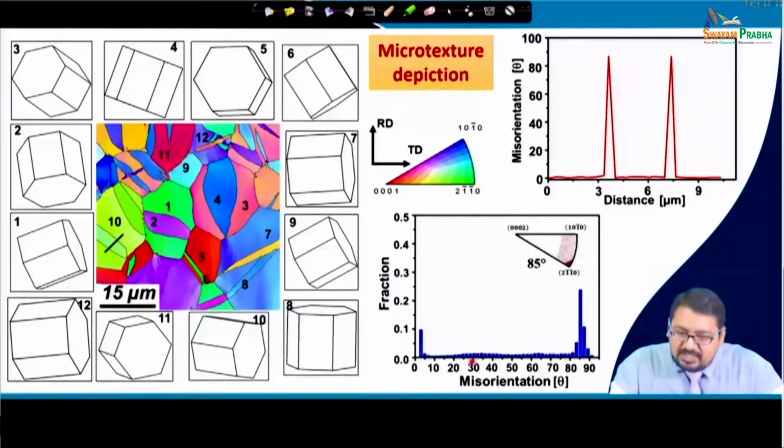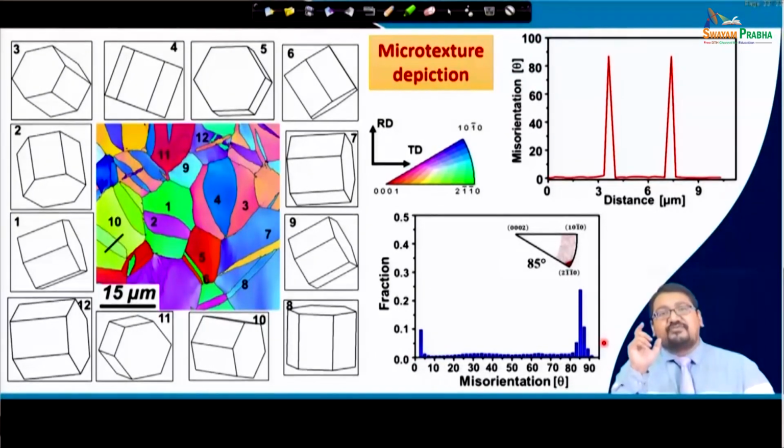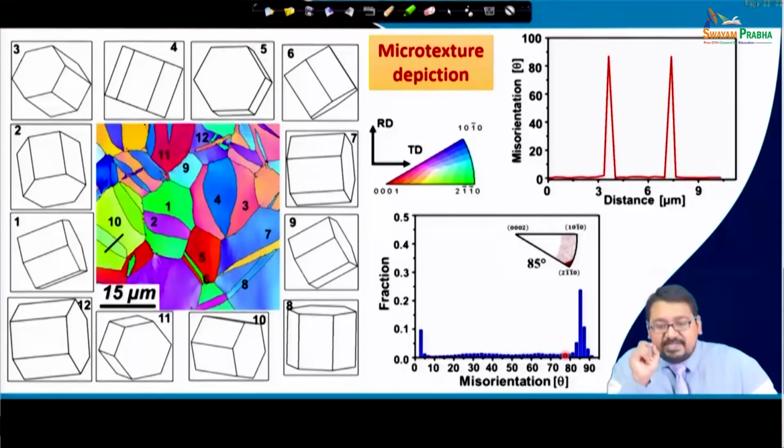Now, when we look into this misorientation angle distribution fraction, we observe that there is a peak at around 85 degrees, and as I have said, twins that usually form in titanium are extension twins, and they have a twin boundary with an 85 degree misorientation about the 112 bar 0 axis.